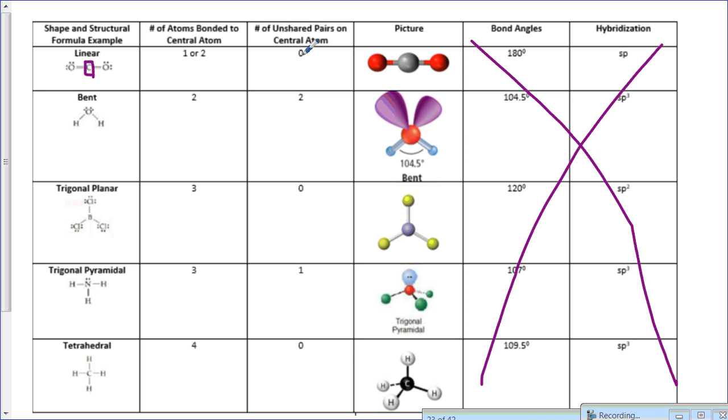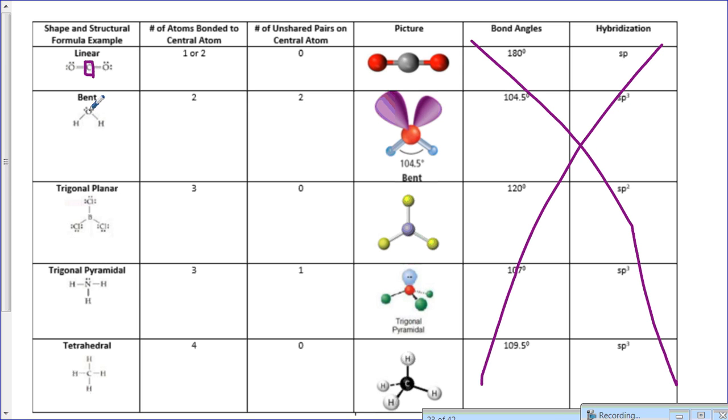So if I have 1 or 2 atoms bonded to the middle atom and no lone pairs on that central atom, it's linear. Then water is similar, but the problem is it's got lone pairs of electrons on the central atom. So here's how this works. Water, H2O, oxygen's in the middle. You have 2 atoms bonded to the central atom, but there are also 2 lone pairs of electrons on that central atom.